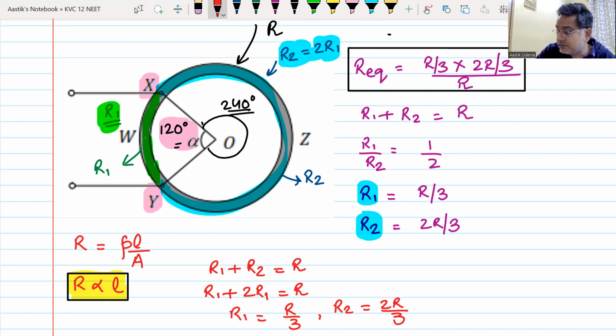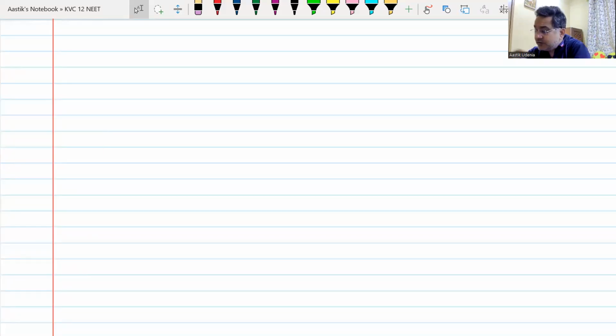Okay. Now, in today's class, we will move ahead and see Kirchhoff's law. So that is the next heading that we are going to write. Kirchhoff's law.